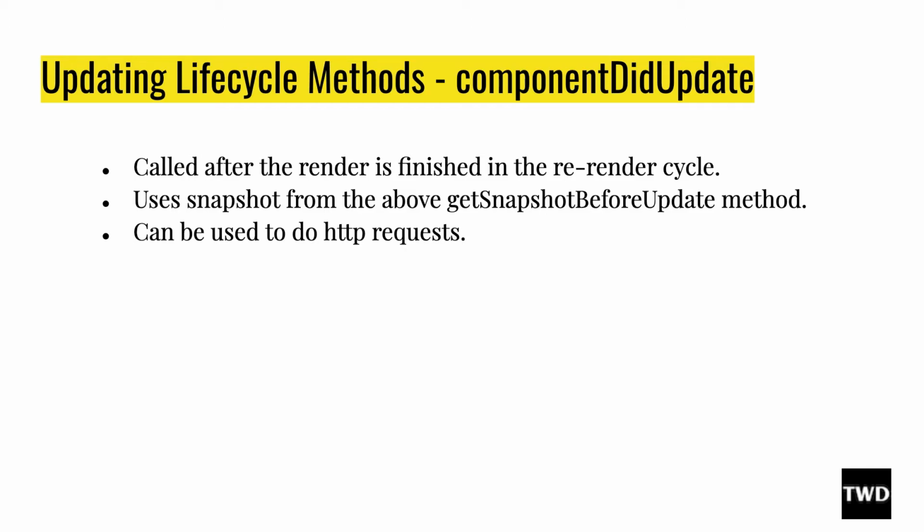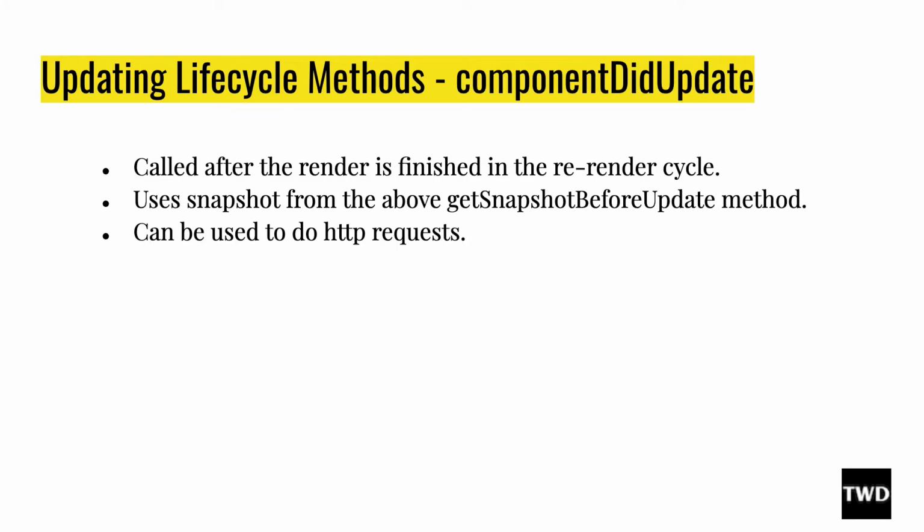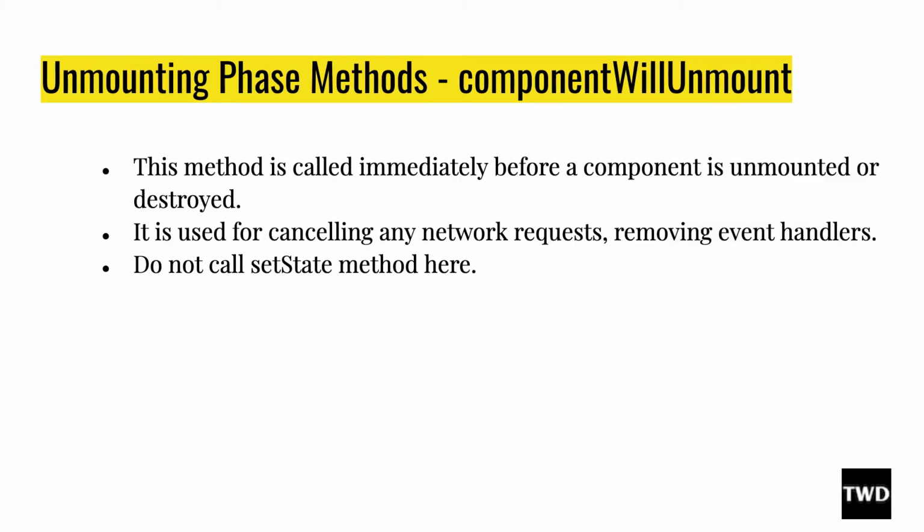It is called only in the re-render cycle. As I have told, getSnapshotBeforeUpdate passes a third parameter, and this third parameter is used here in componentDidUpdate. This also can be used to do the HTTP request.